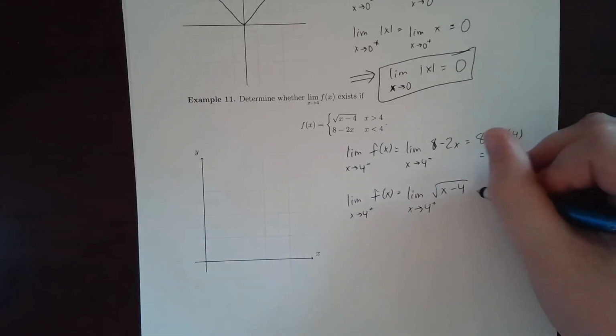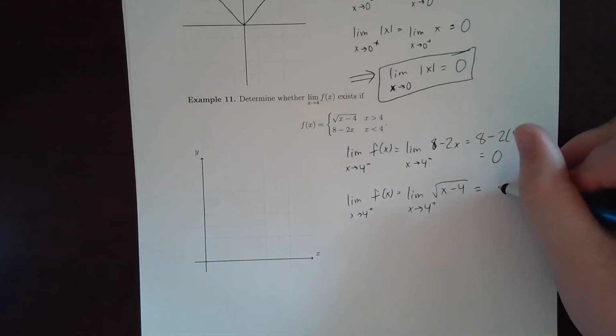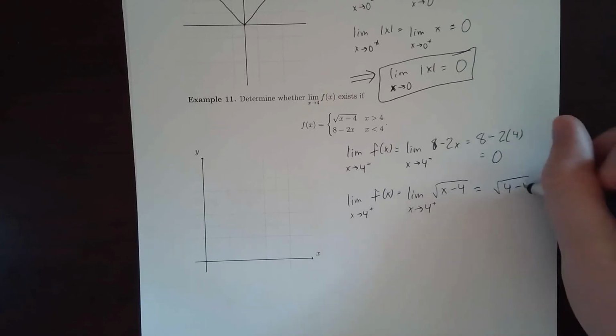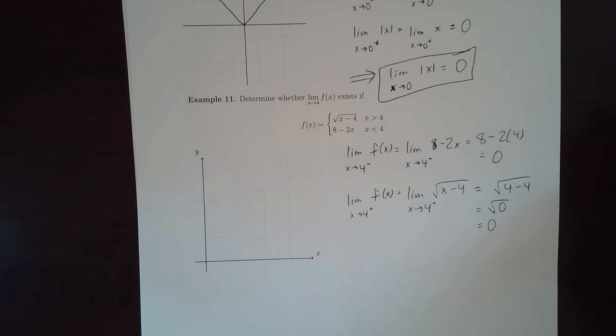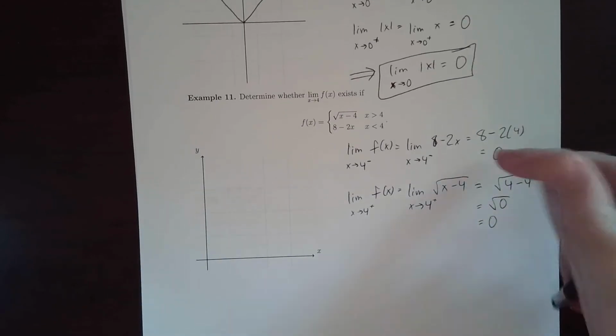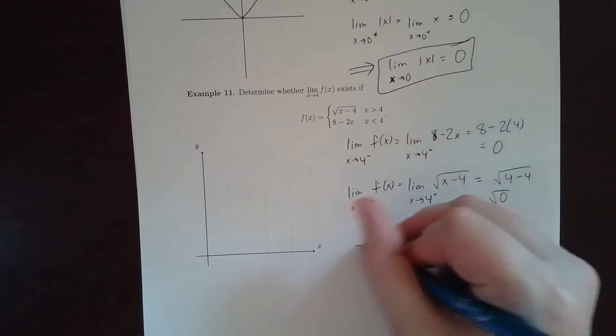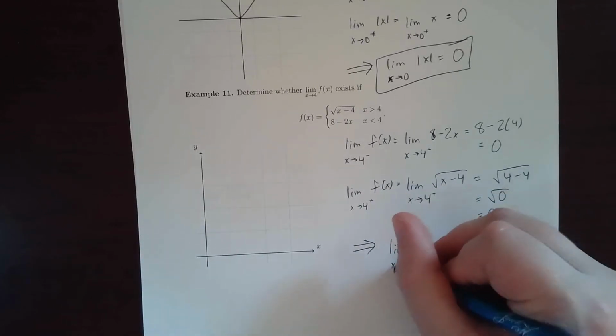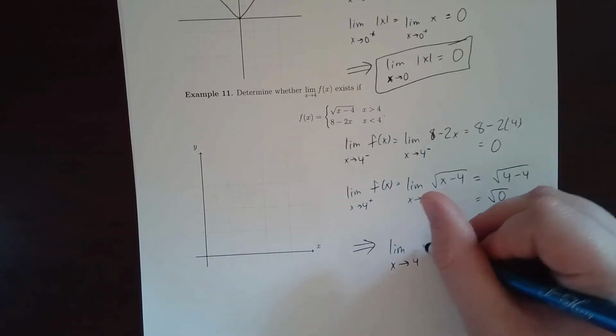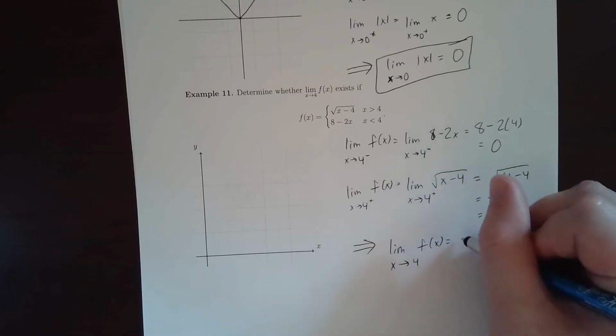And here we're again allowed to just plug in. So we have the square root of 4 minus 4, which is the square root of 0, which is just 0. So then, because the left and the right limits match, our overall limit as x approaches 4 of f of x will equal 0.